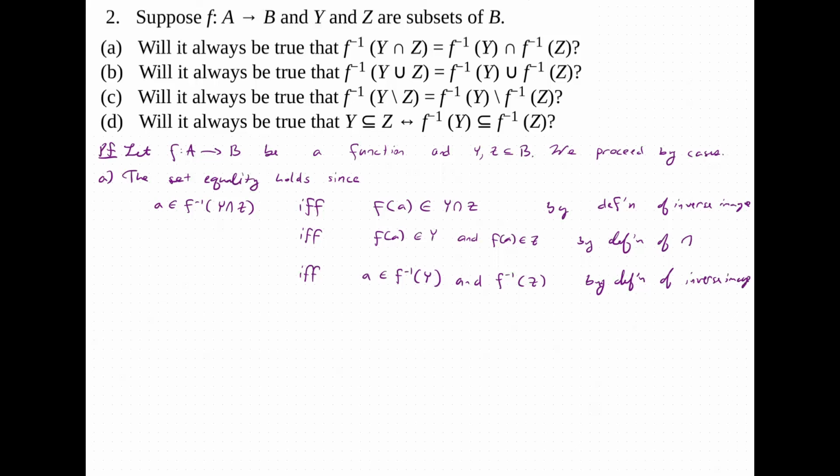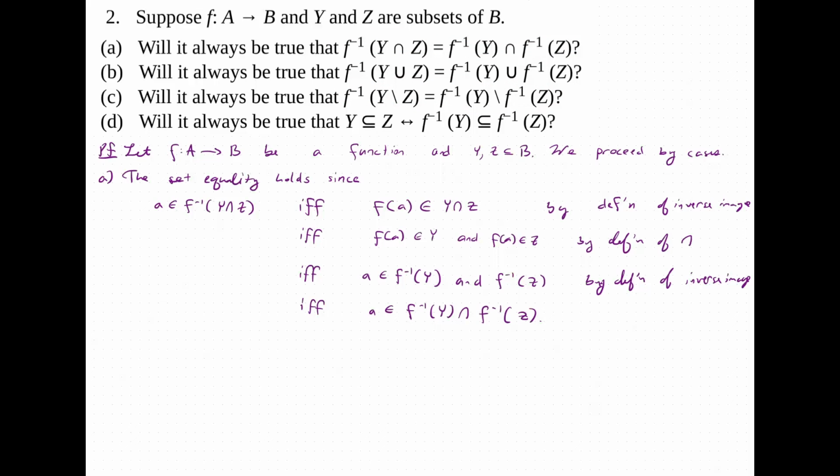And finally, definition of intersection tells us that A is in the inverse image of y intersection inverse image of z. And so that takes care of part A. And so we get the equality in this case. I will do part B, and I leave it to you to do the argument for part C.